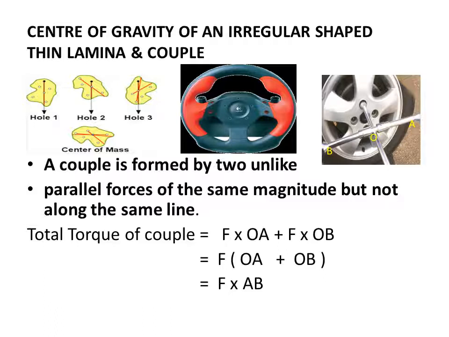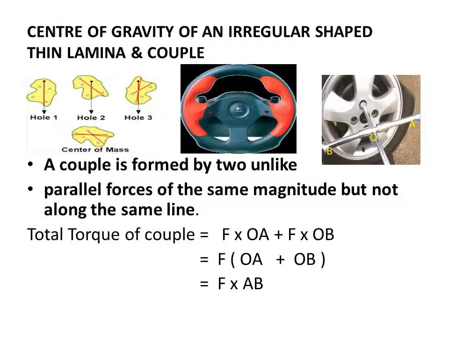A couple is formed by two unlike parallel forces of the same magnitude but not along the same line. A double arm spanner is used to open a nut as shown in the figure.